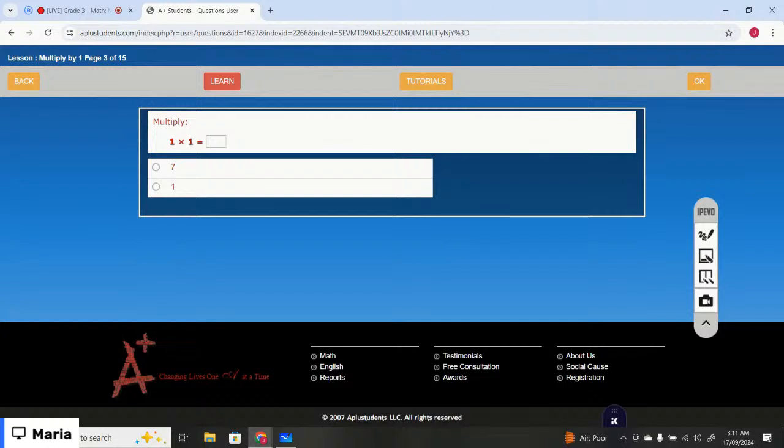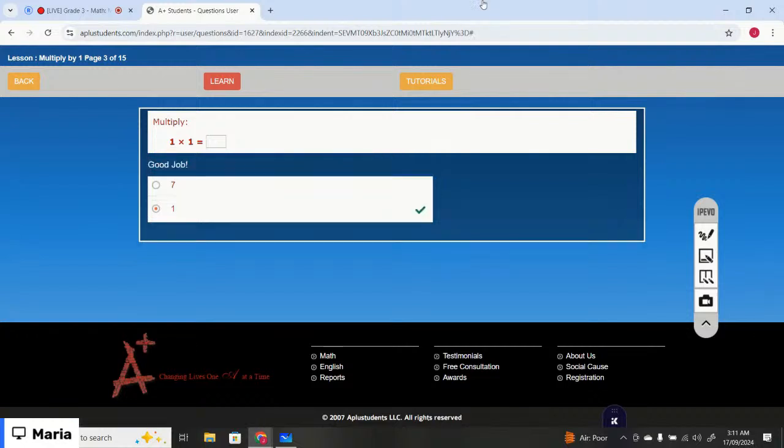One times one is one, right? Whatever number you are multiplying with one, the number stays the same.